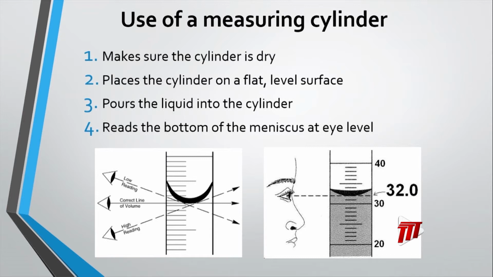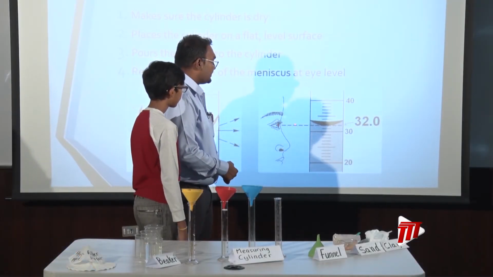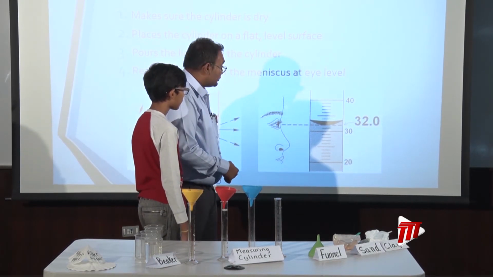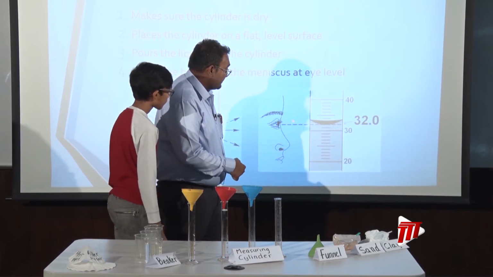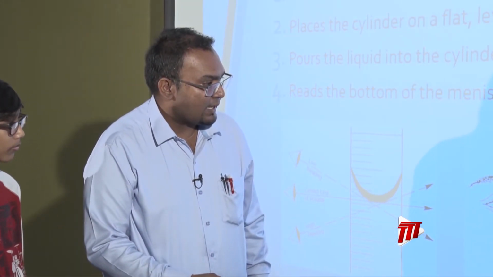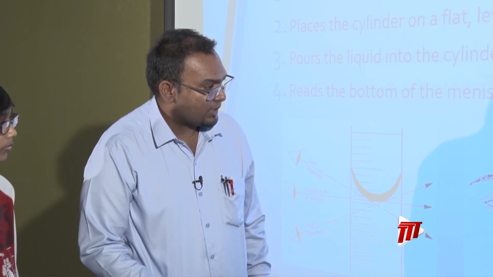So we have our diagram here, and as you can see, we have our markings. The person is at eye level, so the person here would be stooping, but they would just show the eye, and the bottom of the meniscus, and look at all the marks we have here.